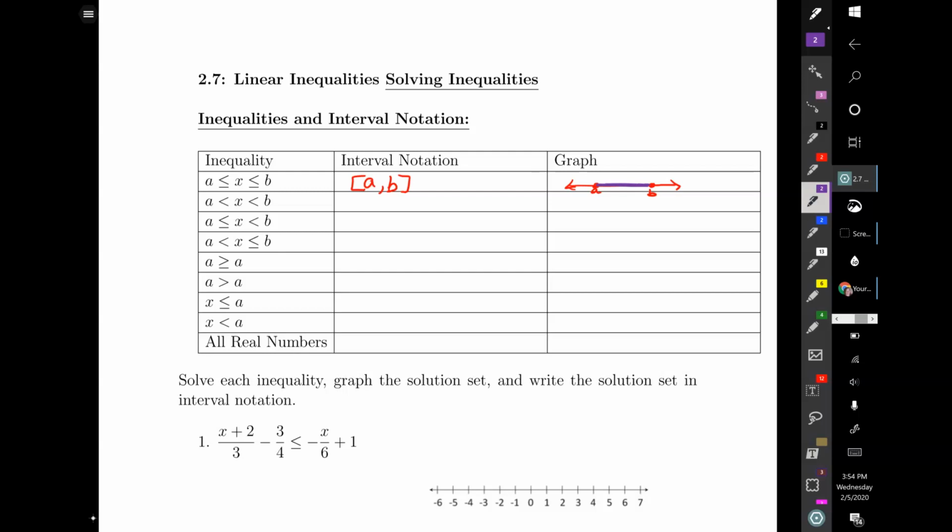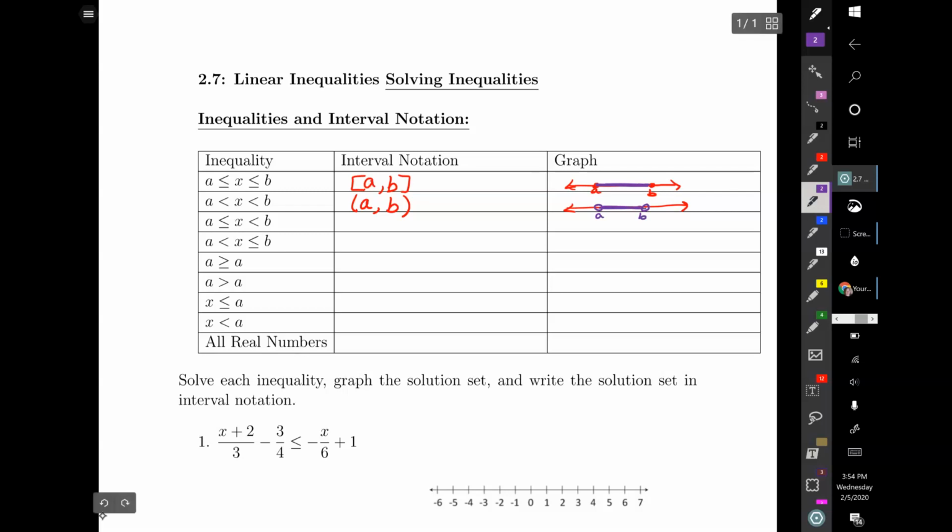So this next one reads a is less than x less than b, so we're not including a and b. We're just going to put curved parentheses, a comma b in parentheses, and we will have again the number line, but with an open circle where a is and an open circle where b is, because we don't include them.